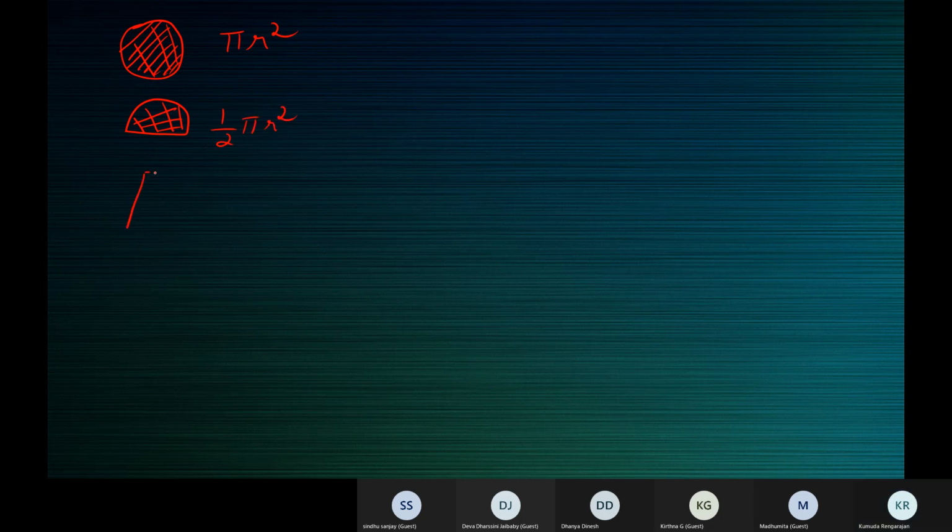Area of this region. What is this? It's a quadrant, right? Yes, ma'am. So it will be 1/4 pi r square. Is this right? Yes, ma'am.